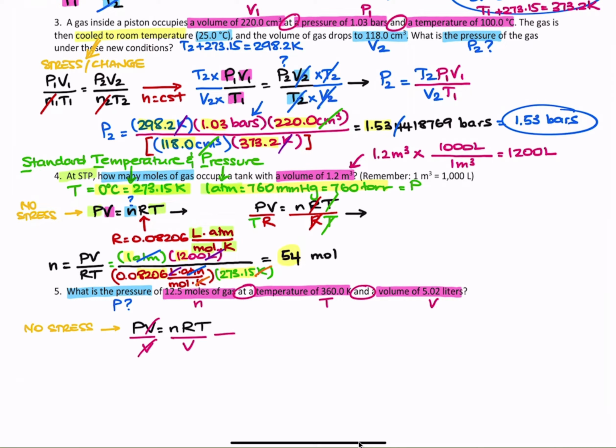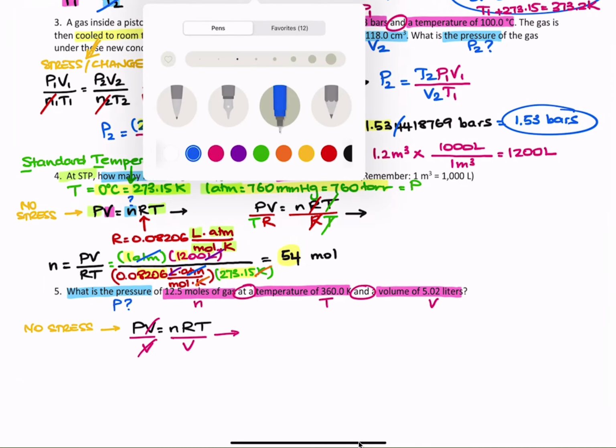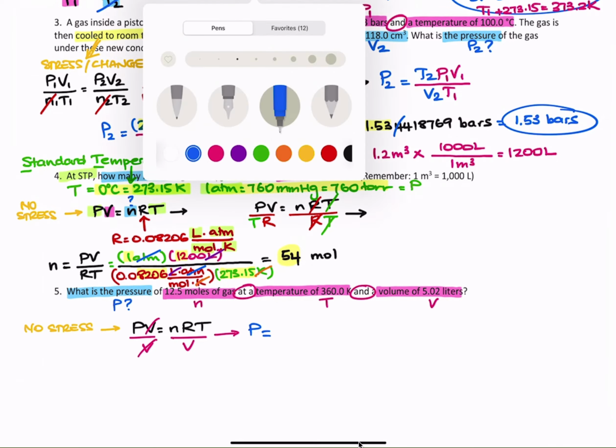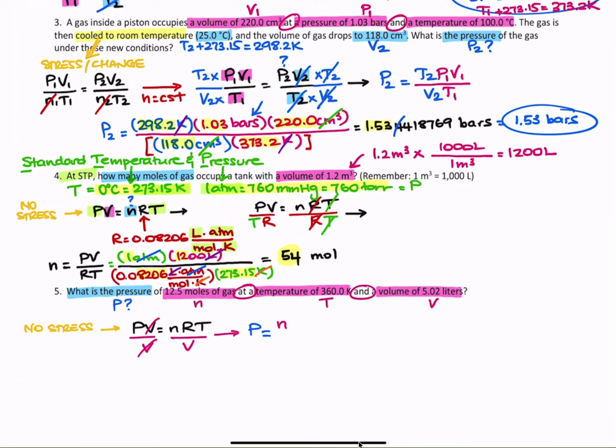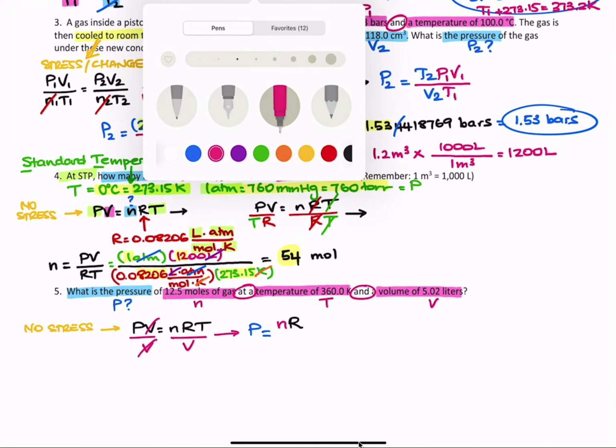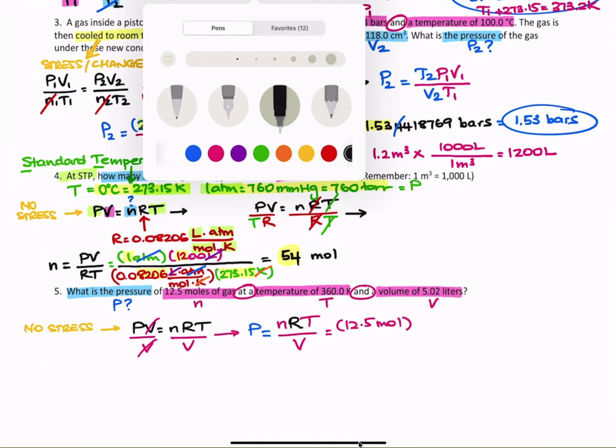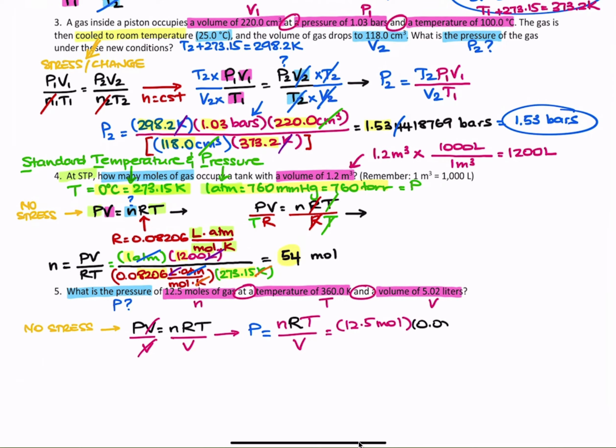So my V cancels, and I get that P is equal to nRT over V: n is 12.5 mole, R is the gas constant, 0.08206 liter atm per mole Kelvin.